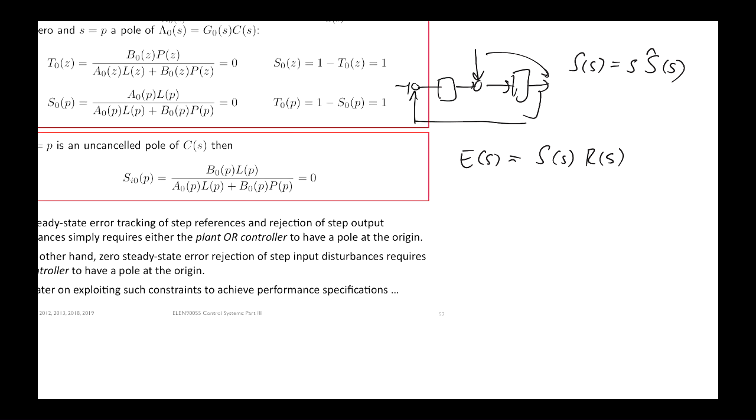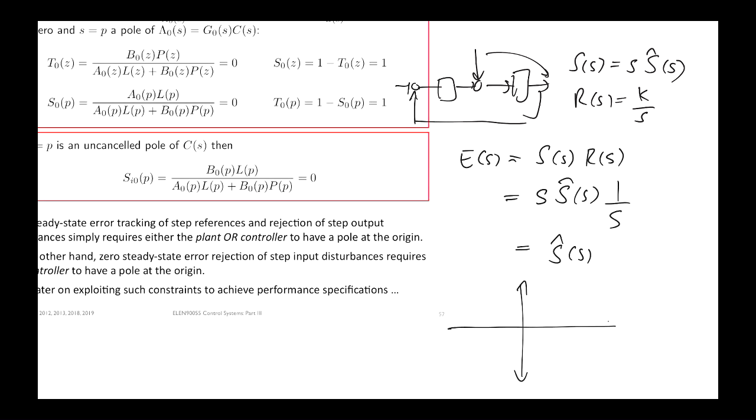And so if I have a step reference, which will have Laplace transform looking like this, then the error signal will look like this, because this cancels this. And if the closed loop is stable, you know that this function will be well defined in a right half plane, to the right of this line, that contains the imaginary axis.